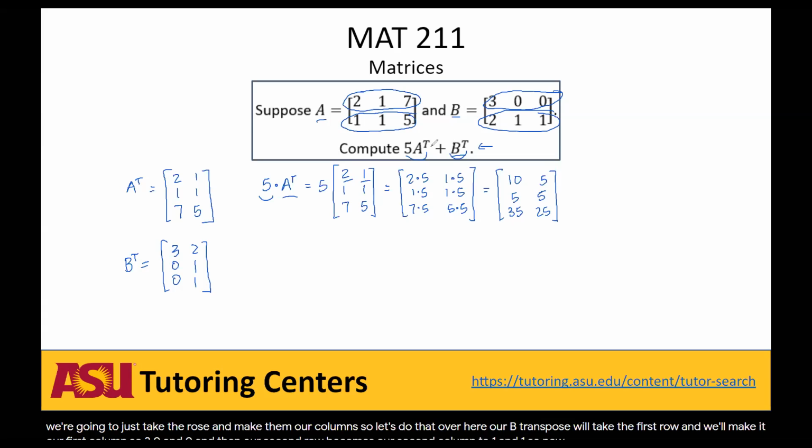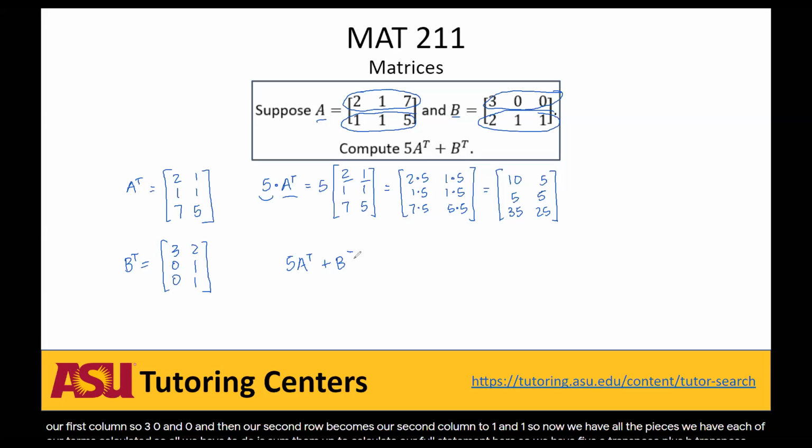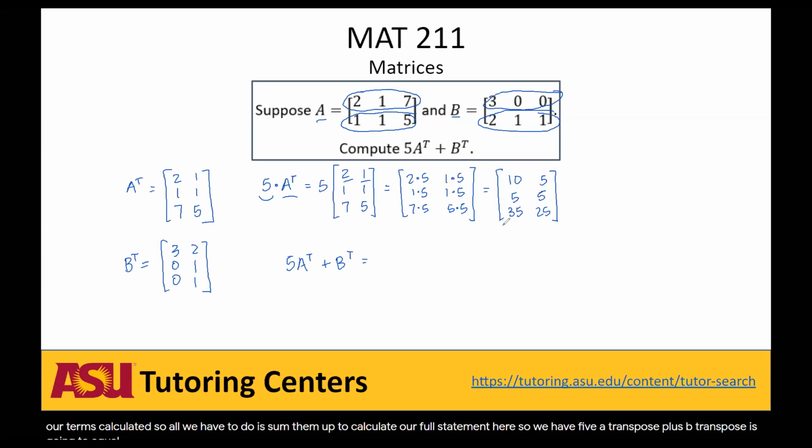So now we have all the pieces, we have each of our terms calculated. All we have to do is sum them up to calculate our full statement here. So 5 A transpose plus B transpose is going to equal this guy.